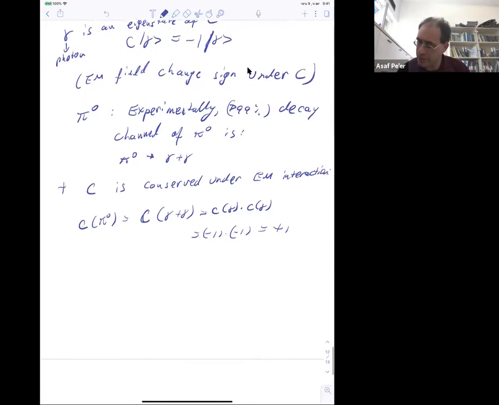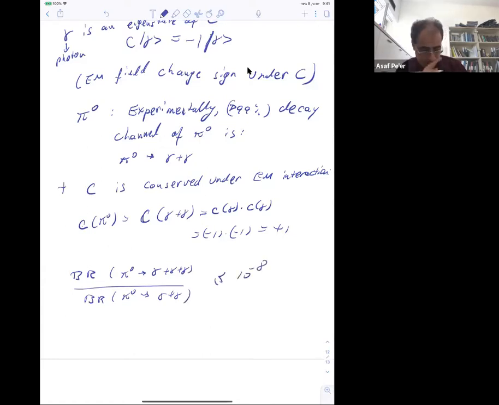If we look at the branching ratio, BR it's called, of pion 0 decaying into gamma plus gamma plus gamma divided by the branching ratio of pion 0 into gamma plus gamma, then I know that it is smaller experimentally than 10 to the -8. So it never happens. Now you can see why. Because charge conjugation would not be conserved: the charge conjugation of 3 gammas is -1, and of the pion 0 it's +1.